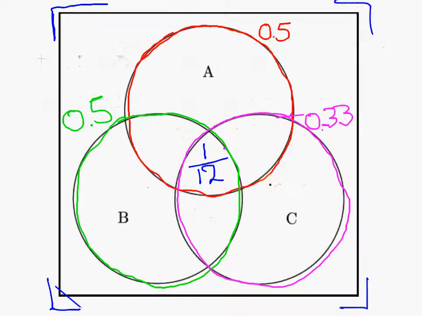So what we're told there is that the probability of being in this area here is 1/6. But we've already accounted for 1/12. So the probability of being in here is also 1/12.